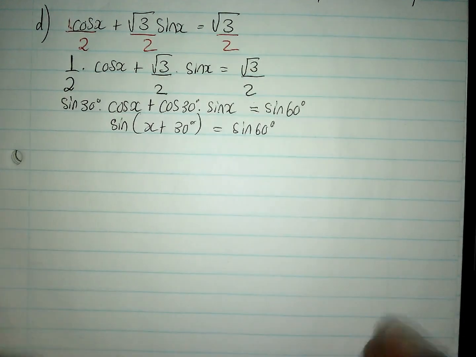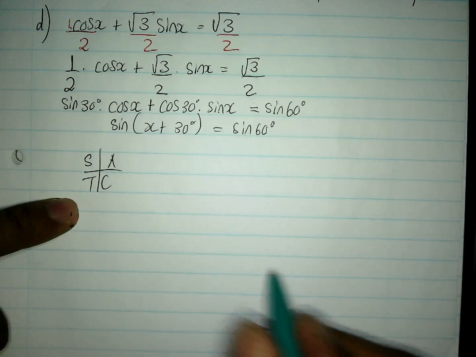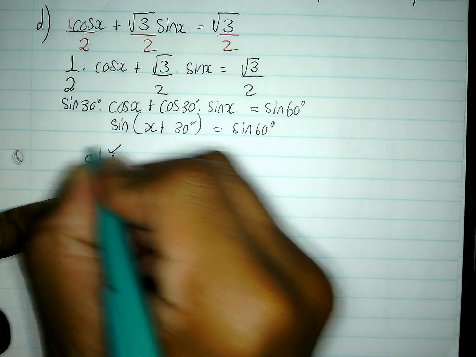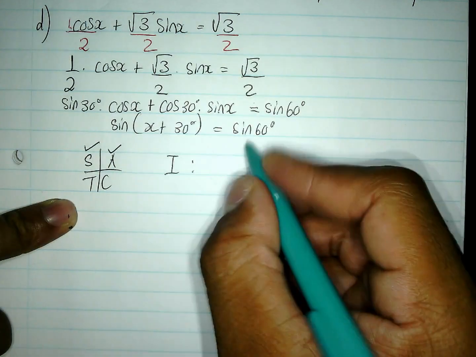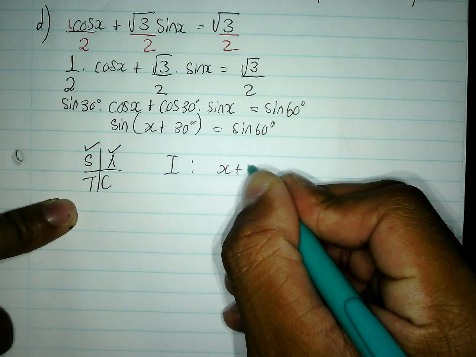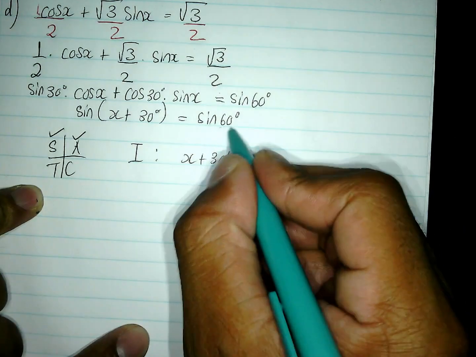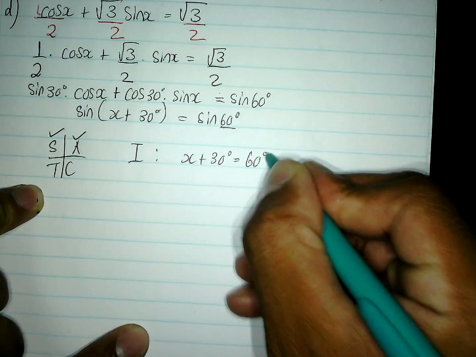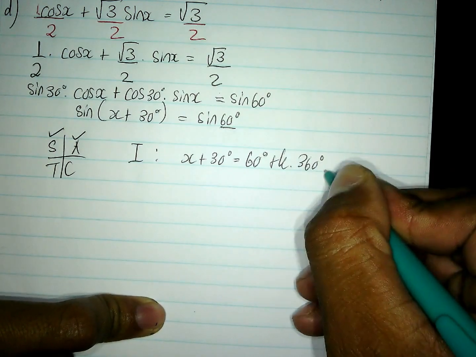So we check where sine is positive, right? We know that sine is positive in your first and your second quadrant. Now the angle is going to be x plus 30 degrees, and it's going to be your ref angle of 60, plus k 360.